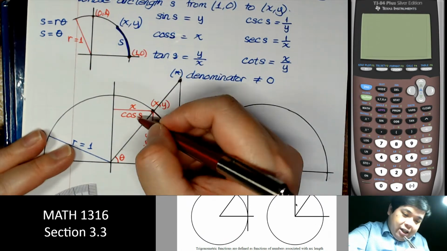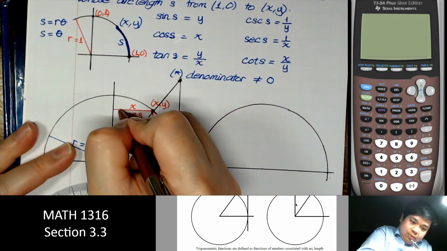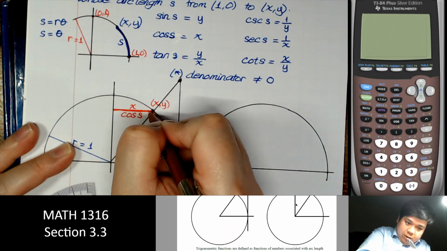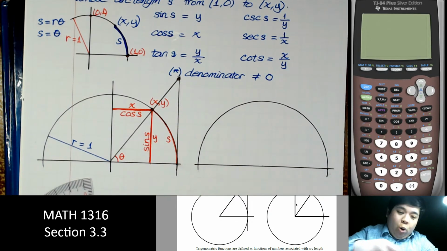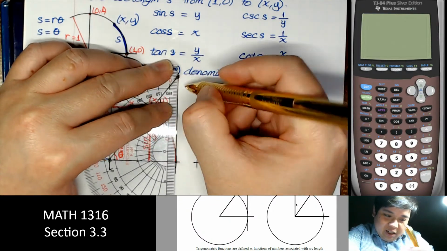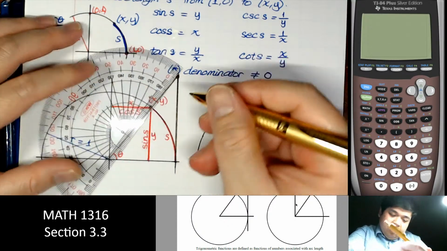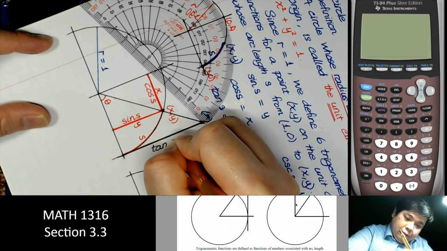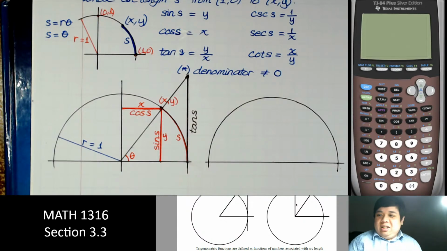Right. Once again, when we have a point, we have sine and cosine. Now, the point here is going to be tangent. I mean, that distance here is tangent. Then you say, why is that?